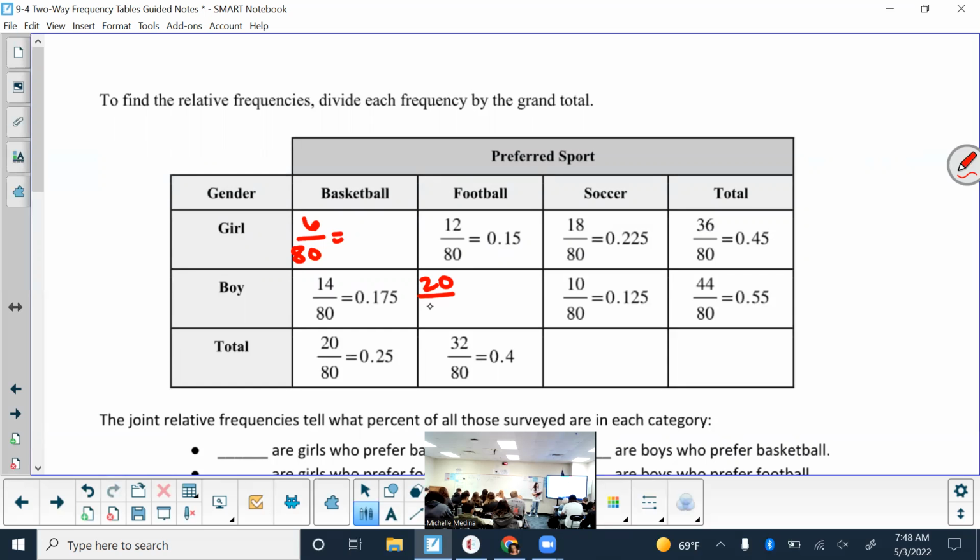What will I divide that by? Good. Total that like soccer was 28. What do I divide it by? And then total people surveyed was, what do I divide that by? So I'll give you like 30 seconds, practice finding the decimals yourself.